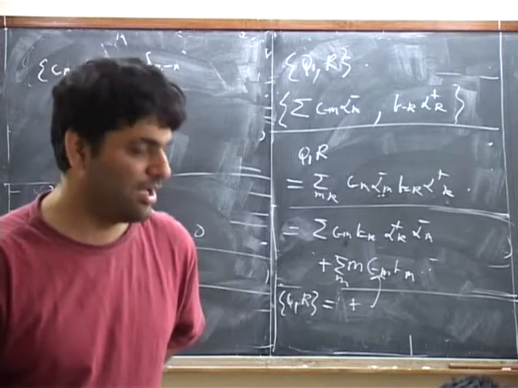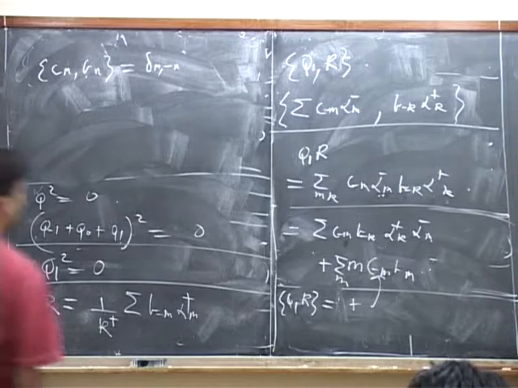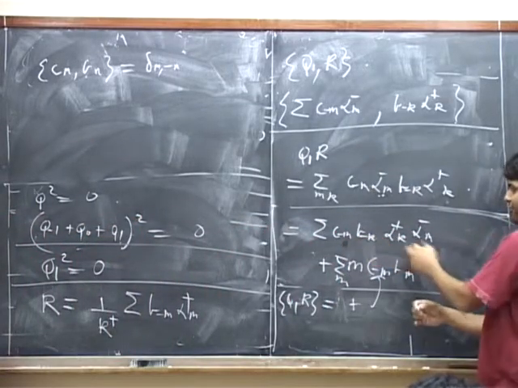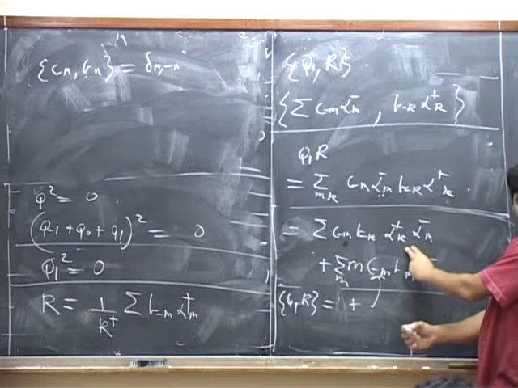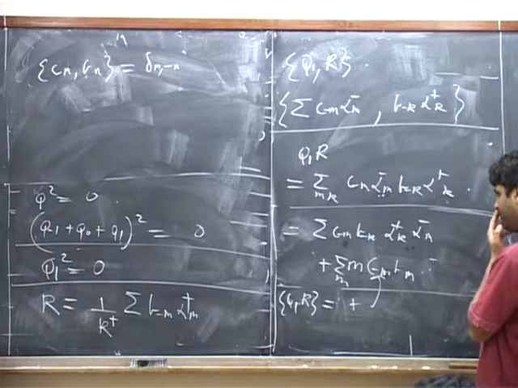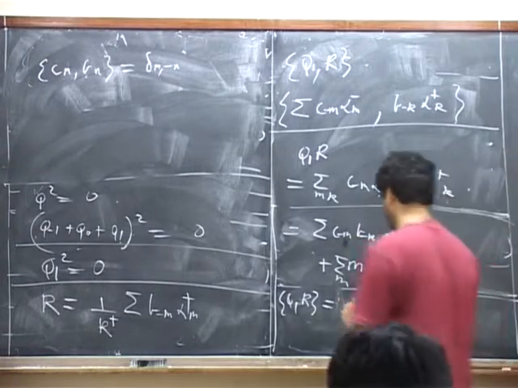Okay, so now if we do that, we get an additional factor of this object here when K and M are equal.